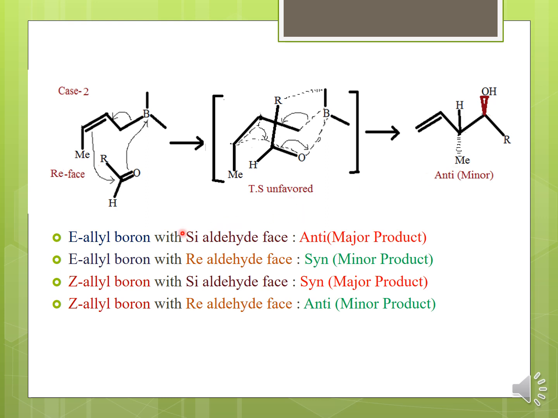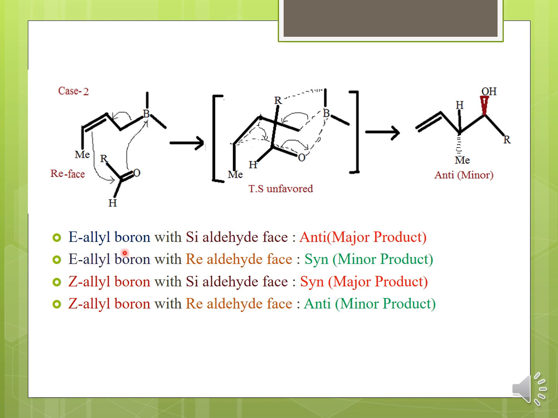The conclusion of this is, after studying all of the reactions, remember these points carefully. Whenever there is the E allyl boron with the Re aldehydic face, then you will generate the anti product, which is your minor. E allyl boron with the Si aldehydic face, that time you will generate the anti product and that is your major product.